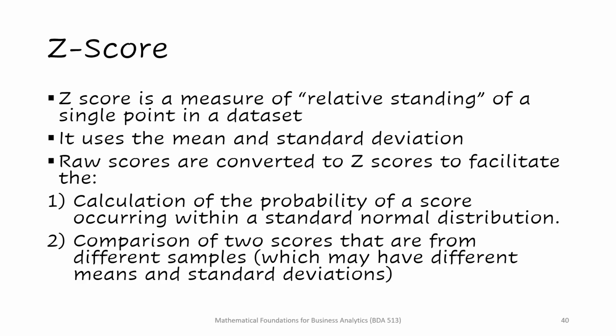When we do that, it helps us to determine the probability of a score occurring within the normal distribution. We can also compare two scores that are from different samples, which means two scores that have different means and standard deviations. So let's see how we go about it.